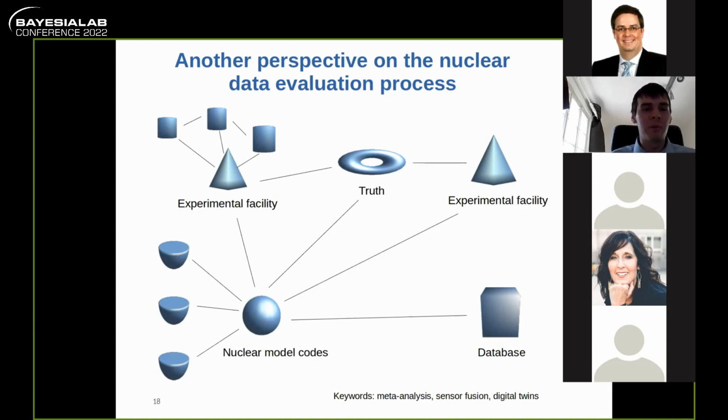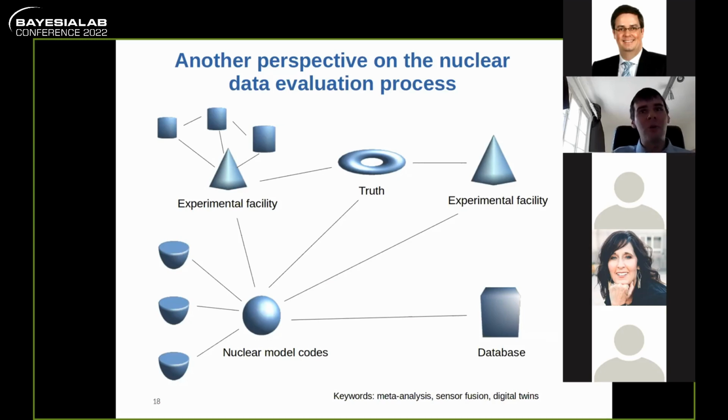If we forget the nuclear physics part and look at it from an information theoretic perspective, we can equally say that we have modules, components, and experiments with their equipment, and all of these are connected to each other by mathematical links. I think this really cries out for the application of Bayesian networks, looking at nuclear data evaluation from this perspective.